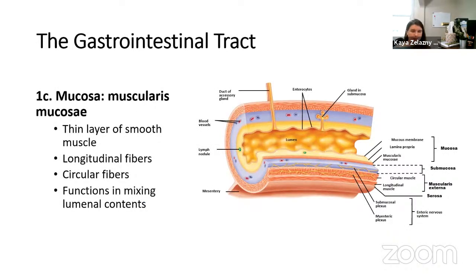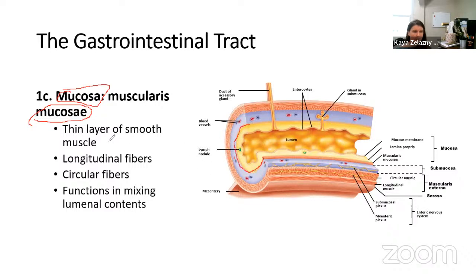So our third part of the mucosa is our thin layer of muscle, our muscularis mucosae. Remember it because it has this mucosae in there, that tells you it's part of our mucosa, which is our bigger term, our bigger layer. Okay. So it's located about here, right? It's this pink layer that we see.